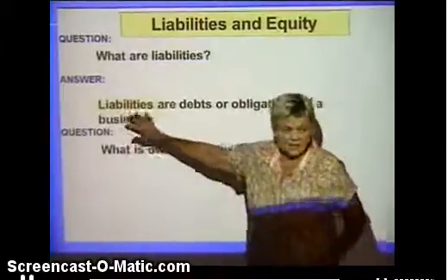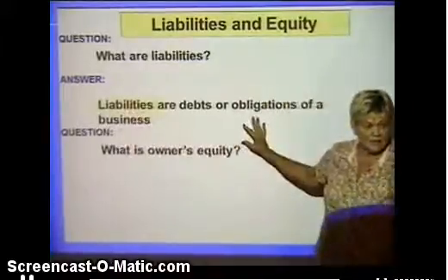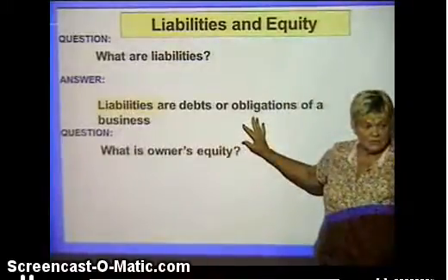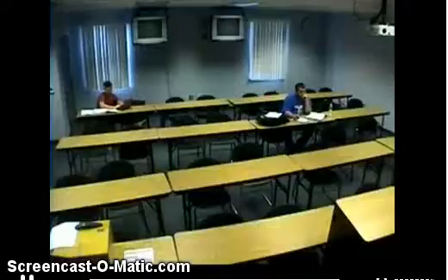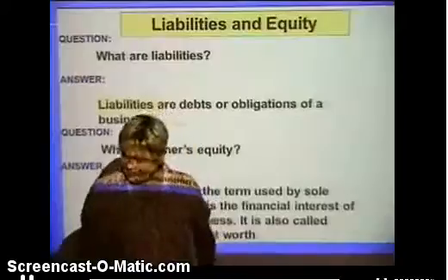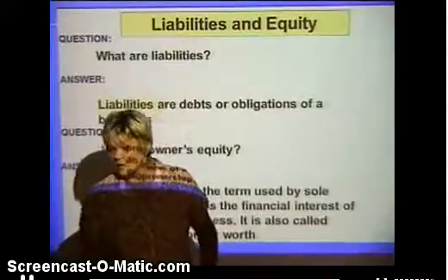Assets are on one side. If we take out the amount the creditors own, then it gives you the owner's equity. The financial interest of the owner, how much he owns of the assets.